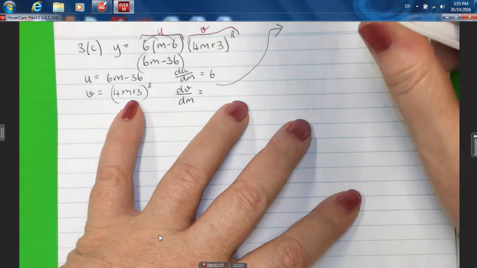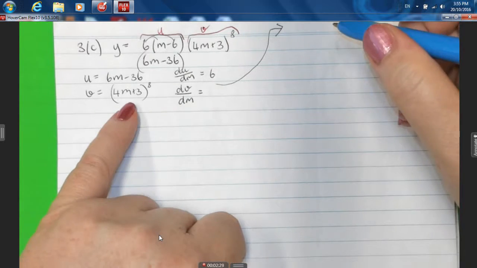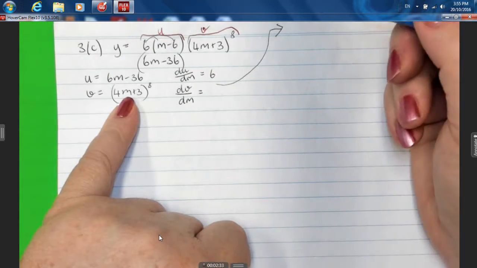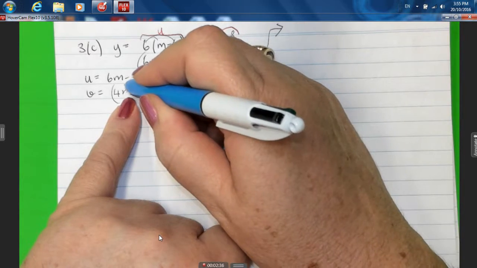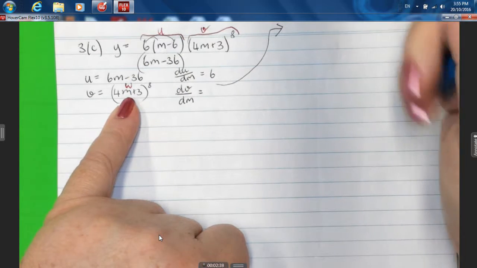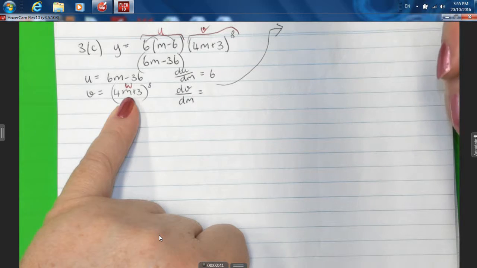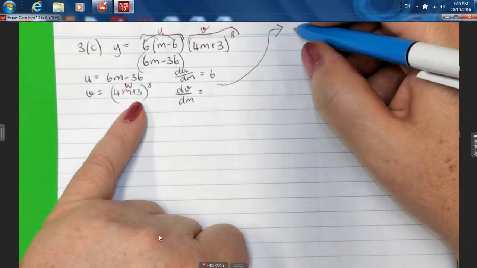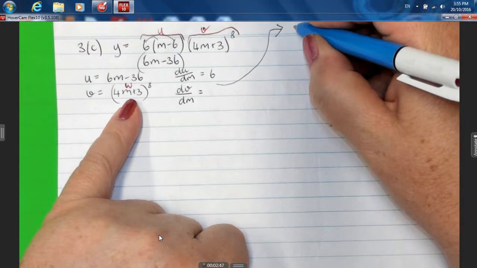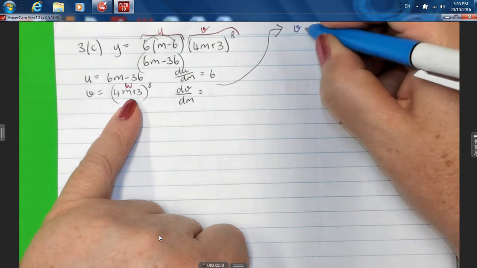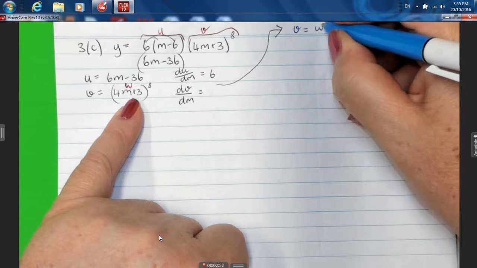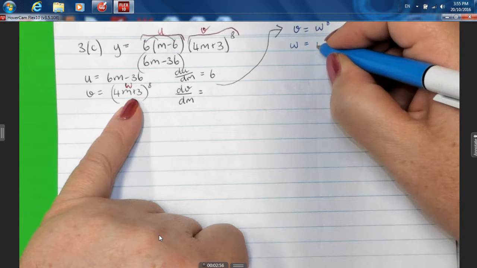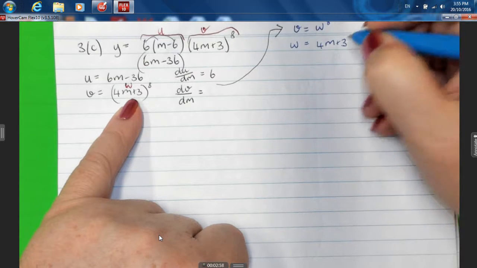So in order to do the chain rule, I need to identify the inside function, and in this case it's 4m plus 3, and give it another variable. I'm going to use w today, and I'm going to do all the chain rule in a different colour pen so that you can see that it's sort of where we've diverted from the path of the question. So, identifying my parts, I've got v is equal to w to the 8, where w is equal to 4m plus 3.